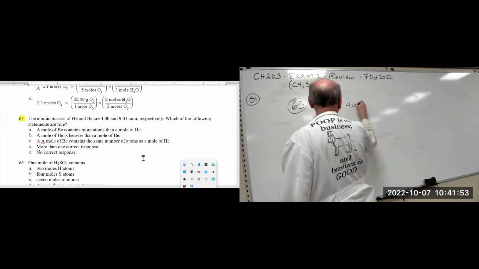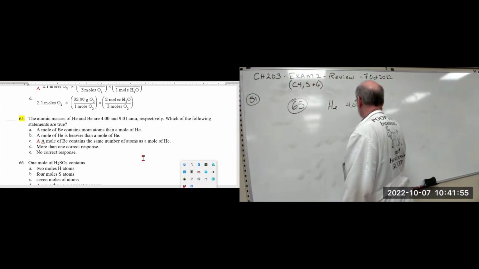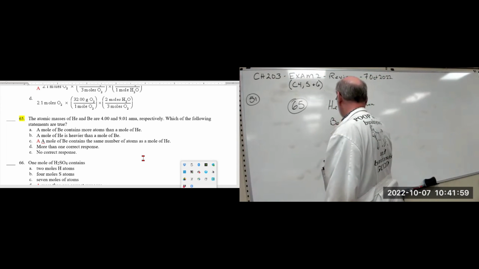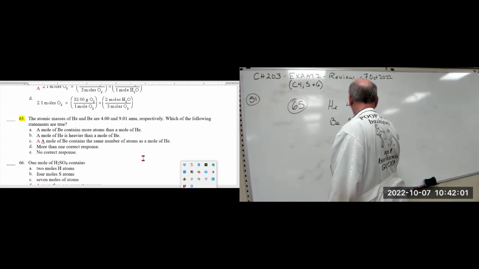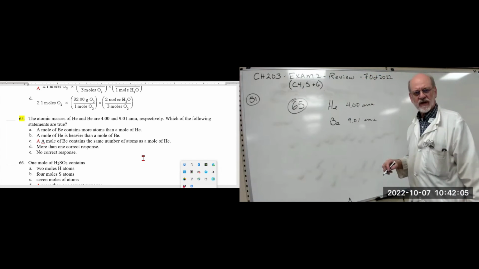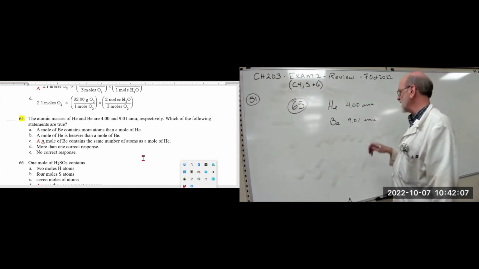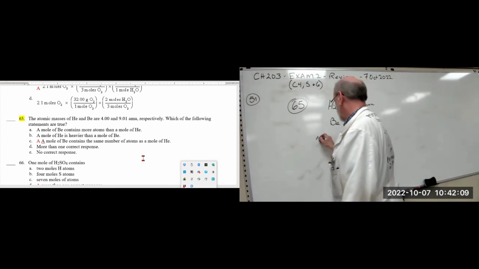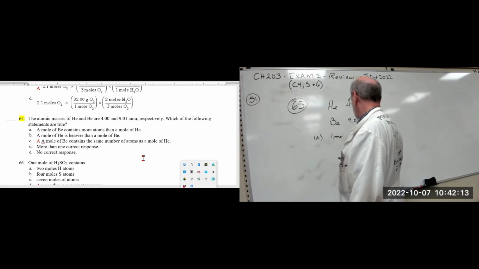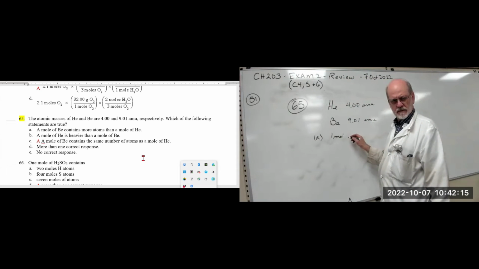Helium is 4.0 atomic mass units, and beryllium is 9.01 atomic mass units. All right, so what does A say? A mole of beryllium contains more atoms than a mole of helium.